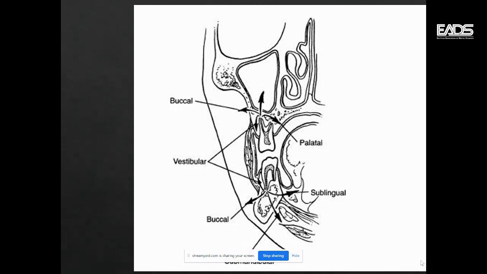We might have the palate on the top, and the palatal space on the top here, the sinus in the maxilla, and on the buccal side beneath the cheeks and the buccinator fat, and underneath we have the buccinator muscle, and we also have the vestibule, where most odontogenic infections start from or just confine themselves to. And we also have the sublingual space and many more others that are not here.